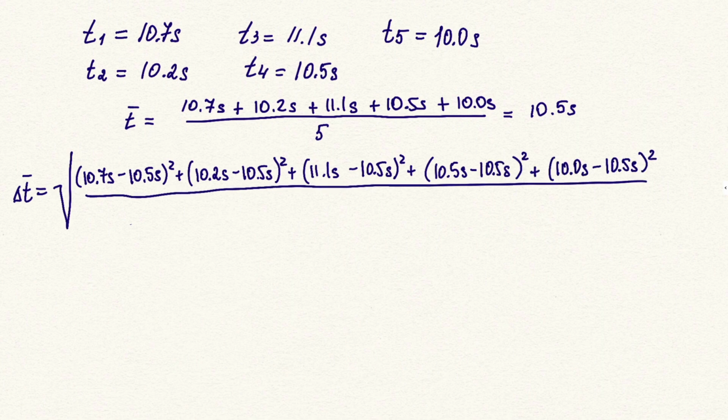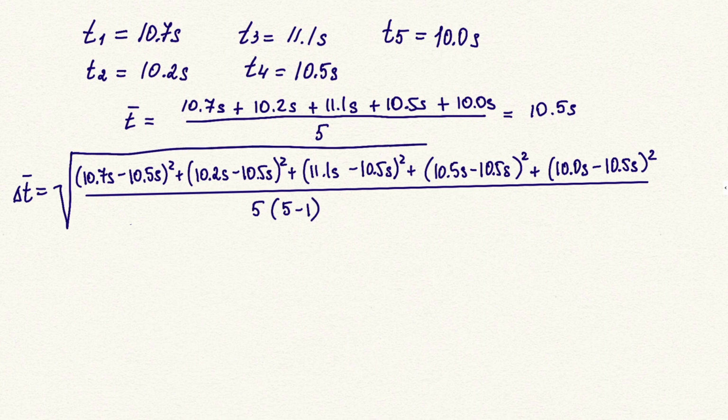And then I divide this by n, which is 5, times n minus 1, which is 5 minus 1. And I take the square root. And the answer turns out to be 0.1924 seconds.